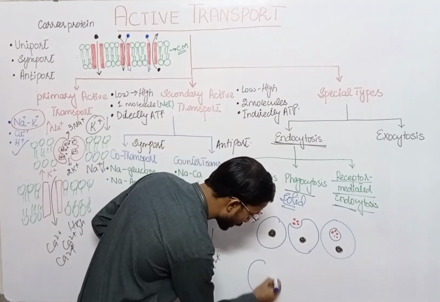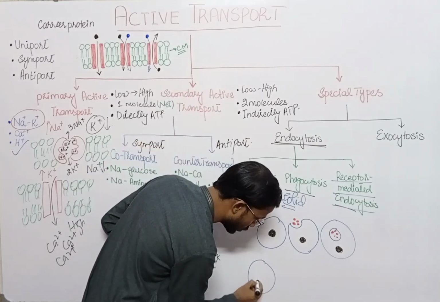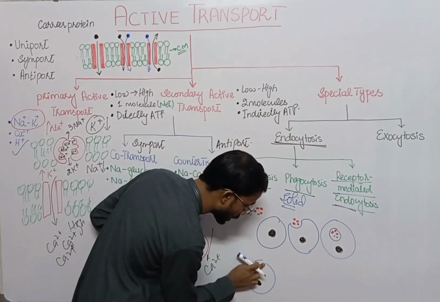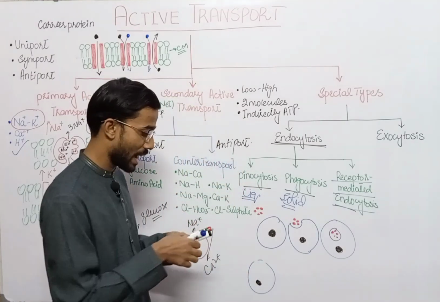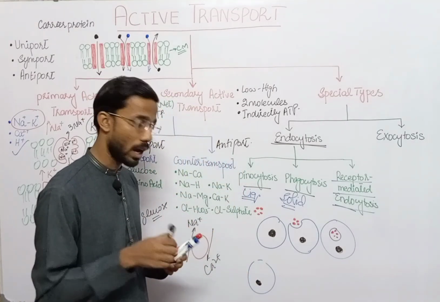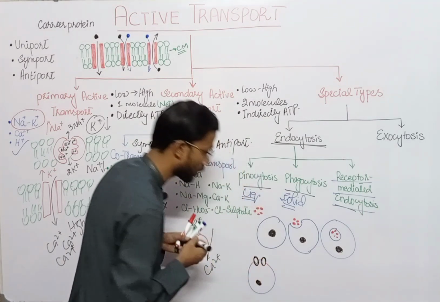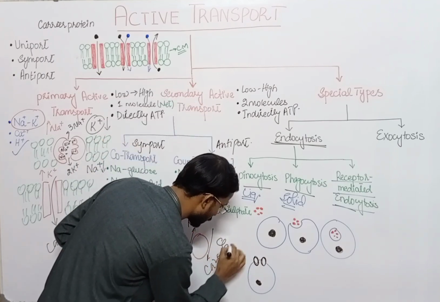Here is the cell and this is the nucleus of the cell. There are pits, there are holes present in the plasma membrane, and these holes are covered by the protein receptor. Here are the protein receptors, like clathrin.